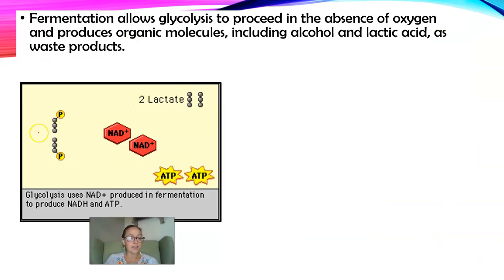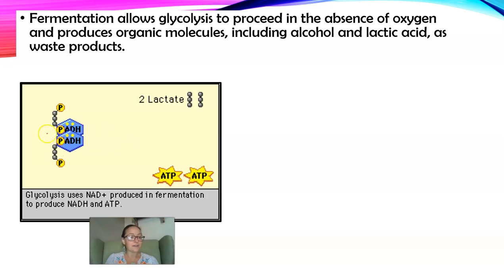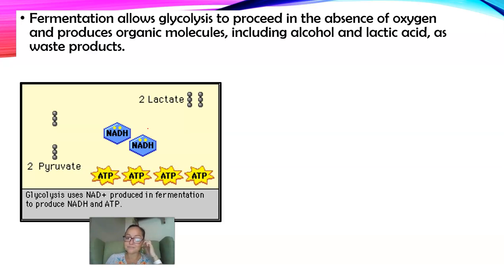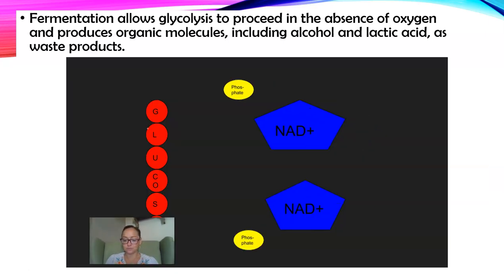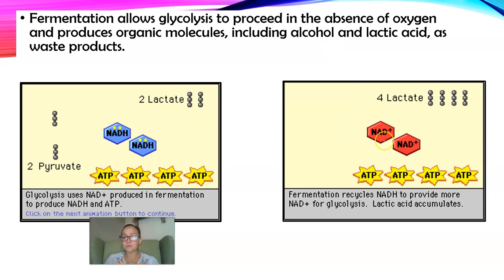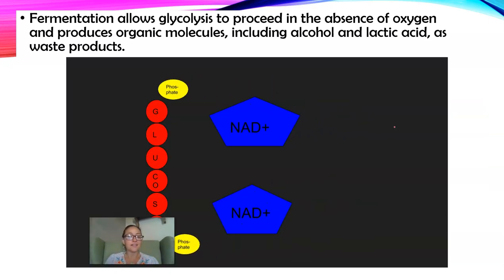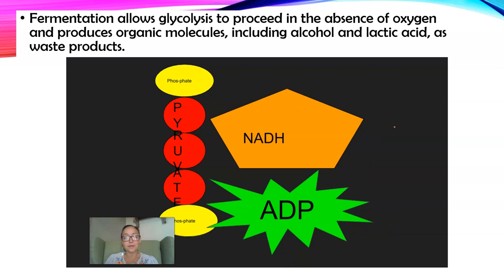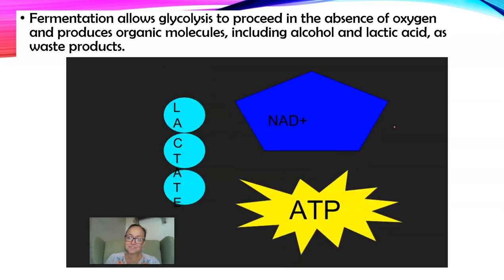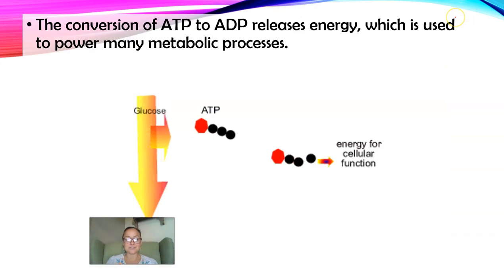Here you start out with your glucose, and then you have your NADH that was made during glycolysis, and at the end of glycolysis, those are your products. However, in order to continue glycolysis, we need to oxidize these two electron carriers back into NAD+ to continue this step of glycolysis. Without this step, glycolysis would stop. So you have to make sure that you have NAD+ to continue.